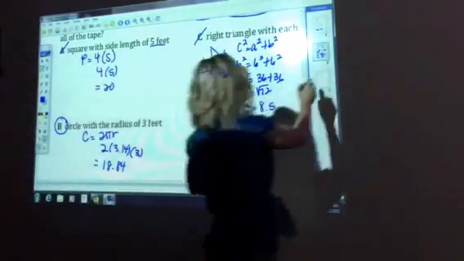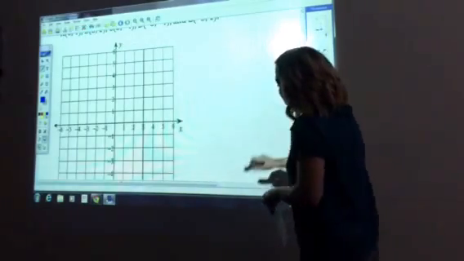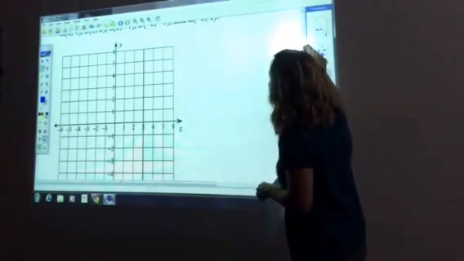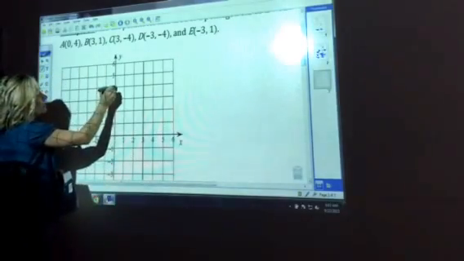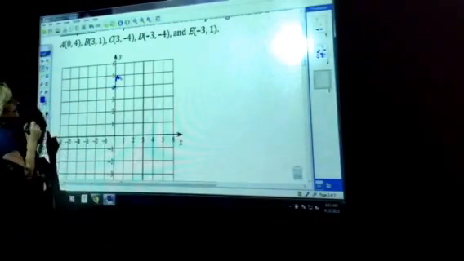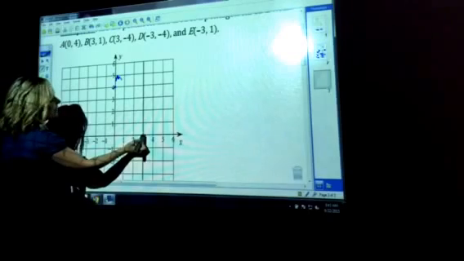Okay? Our last problem here for today, we've got this figure, and it says that A is located at the point 0 up 4, okay? B is located at 3 up 1.